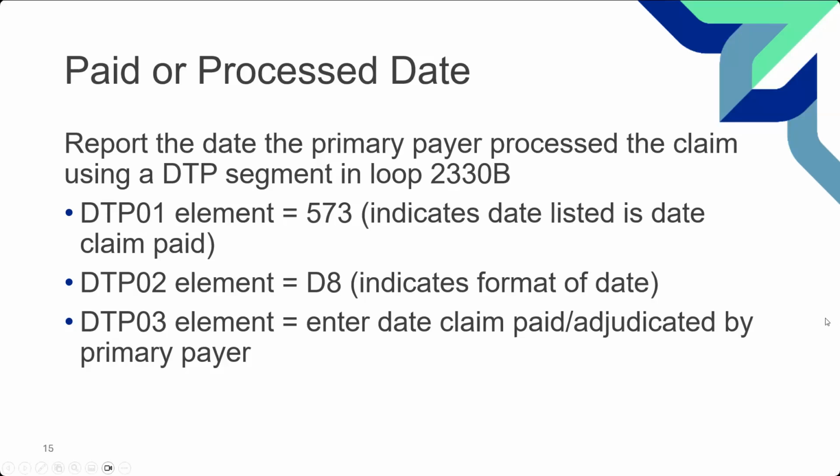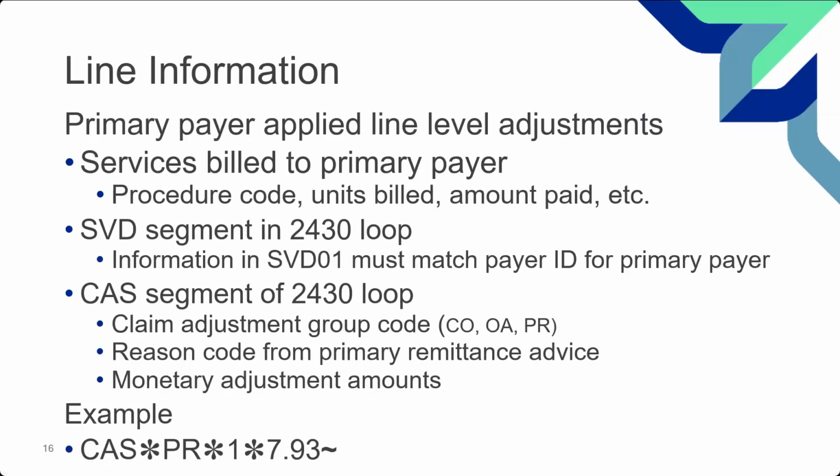Let's talk a little bit about some of those line pieces that we will look for. Primary payer applied line level adjustment. Now, again, the procedure code, units billed, you've got to have all of that. I was asked a very specific question, and it's what happens when the primary payer uses a different procedure code than Medicare? This can happen. What you will do is bill the primary payer whatever procedure code they need.